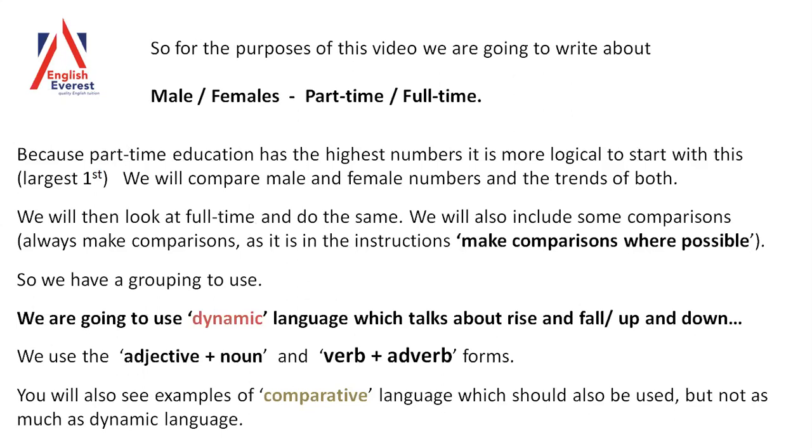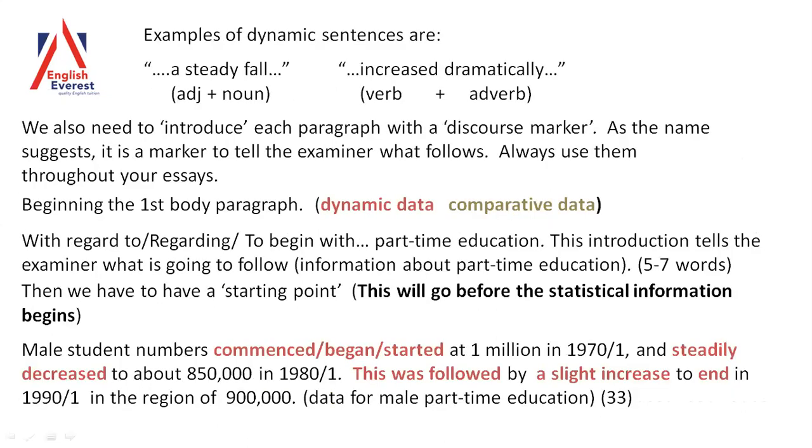So we're going to use dynamic language, which talks about rise and fall, up and down. We generally use the adjective, noun, verb, adverb forms. You'll see examples of comparative language, which should also be used, but not as much as dynamic language. So examples of dynamic sentences are: a steady fall.